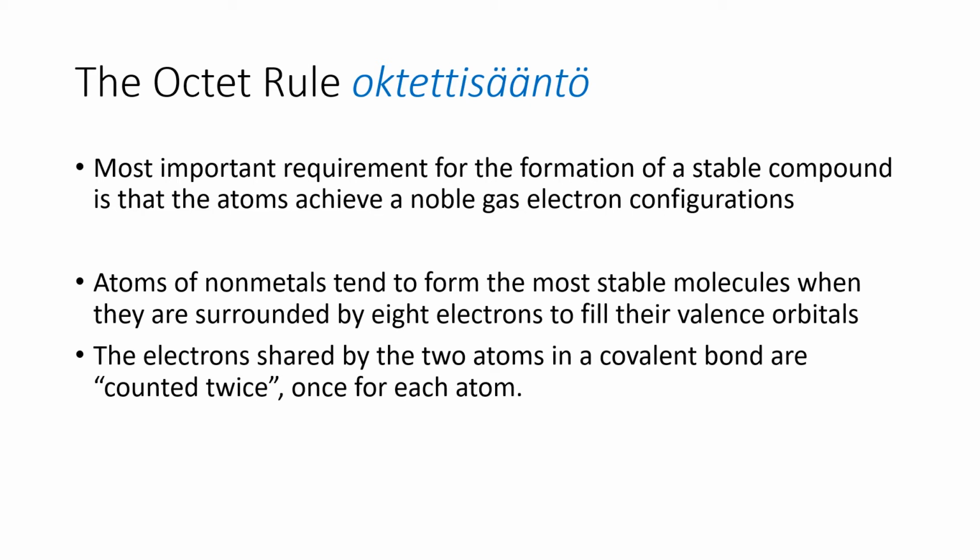This octet can be made up by own electrons and some electrons which are shared. Thus, an atom continues to form bonds until an octet of electrons is made. A shared pair of electrons contributes to an octet on both atoms.